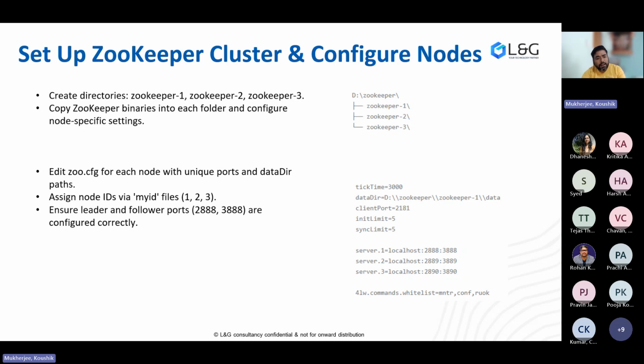And the follower and leader ports: 2888 is the follower port and 3888 is the leader port in the configuration. So here you can see for server 1, 2888, 3888; for server 2, 2889, 3889; and for server 3, 2890, 3890. These are the basic setup you need to do in the configuration. We will show you in the demo also.